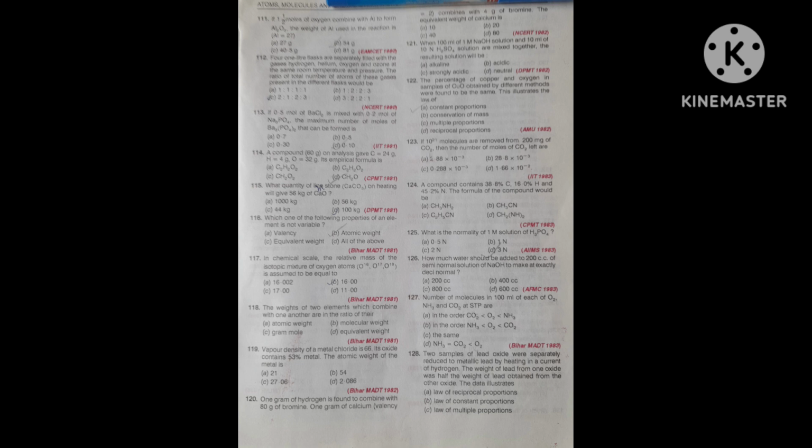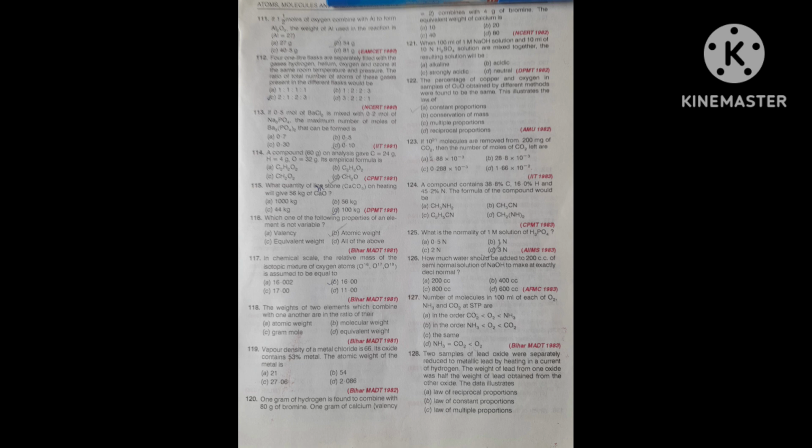Question number 123. Think. Here I am telling you the explanation. How will you solve? Here you can see 200 milligram CO2 is there. 200 milligram CO2 means how many moles?